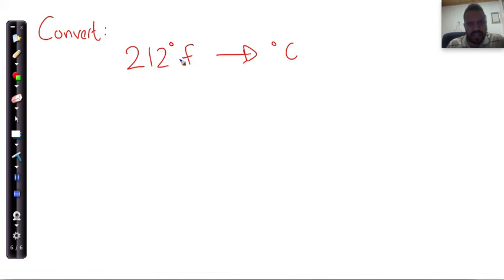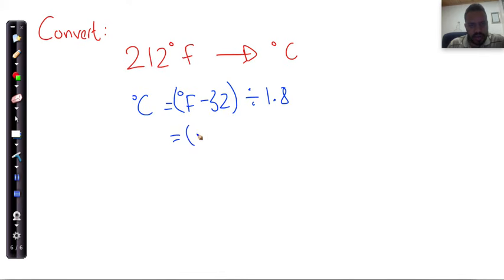The degrees Celsius formula: degrees Celsius is equal to degrees Fahrenheit minus 32 divided by the number 1.8. Okay, so let's do that. I take this 212, I minus the 32 from it, and then I divide that answer by 1.8.